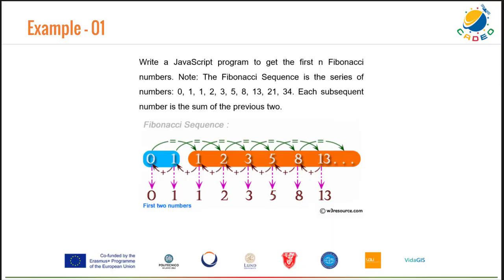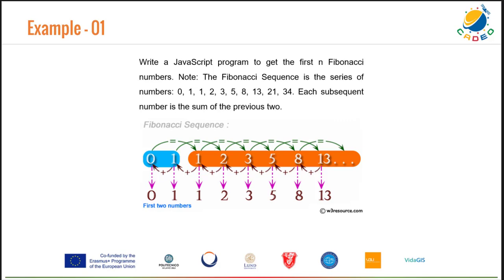Now, let's look at a few examples of functions in JavaScript. The first example writes a JavaScript program to get the first n Fibonacci numbers. Note, the Fibonacci sequence is the series of numbers 0, 1, 1, 2, 3, 5, 8, 13, 21, and 34.